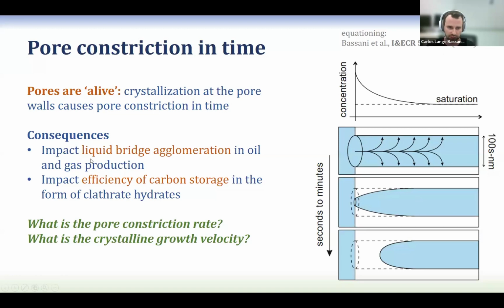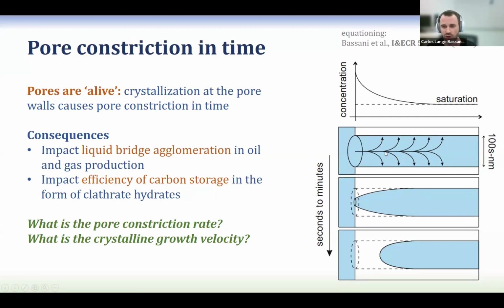In oil and gas, it will impact the liquid bridge agglomeration, and whether a plug forms or not in the pipeline. If we think about carbon dioxide storage, it impacts the efficiency of how much we can store. So we need to solve a diffusion-crystallization problem. The diffusion part, we predict very well today.